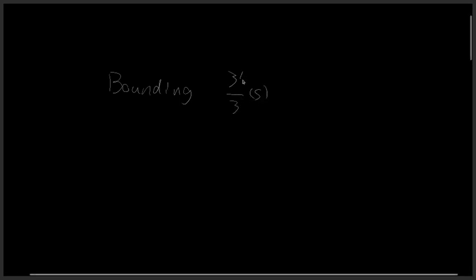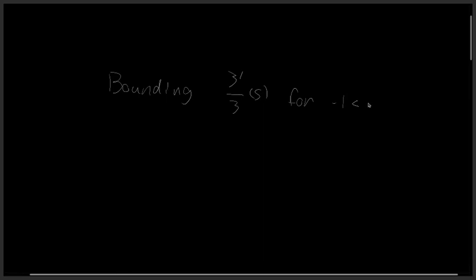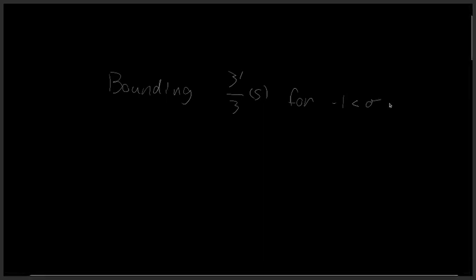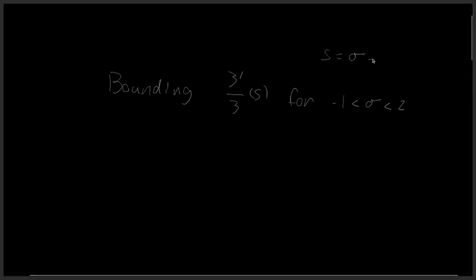So thinking about the logarithmic derivative as a function, bounding this function in a strip containing the critical strip, maybe for the real part of the variable s between -1 and 2. So here I'm writing s is going to be sigma plus it.